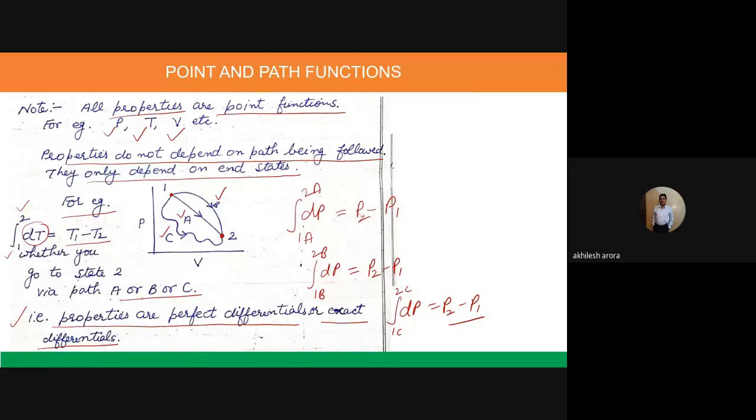We call properties perfect or exact differentials because when I integrate this equation, I get P2 minus P1. I am getting the value as a difference. So it's a perfect differential or exact differential.